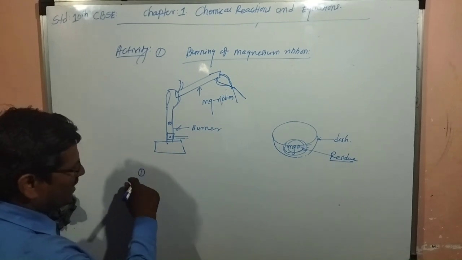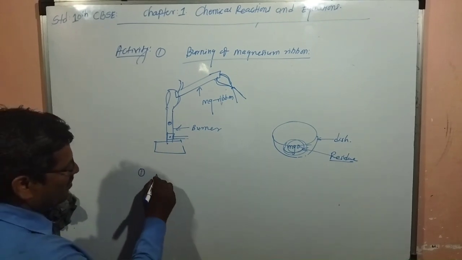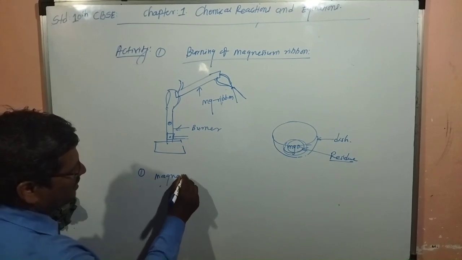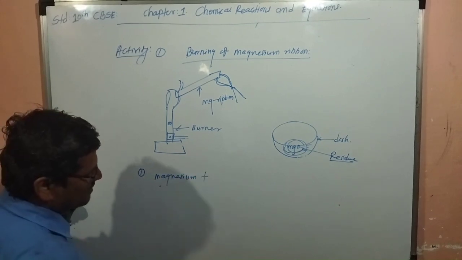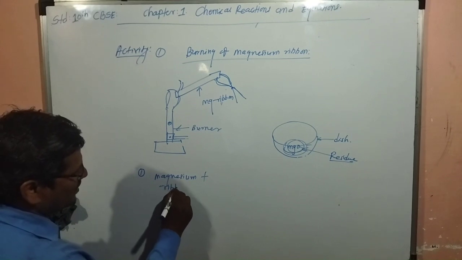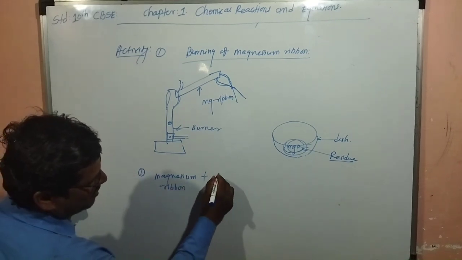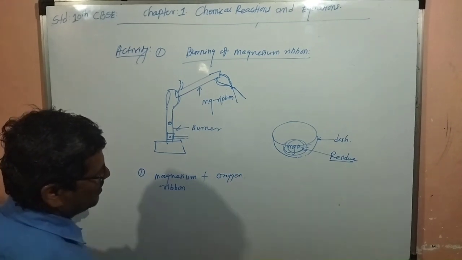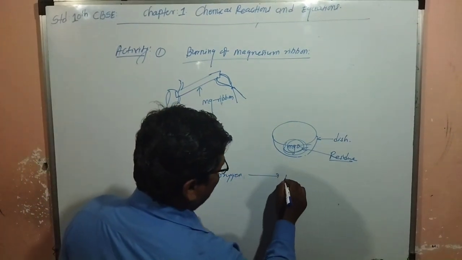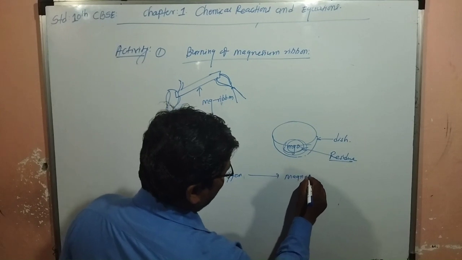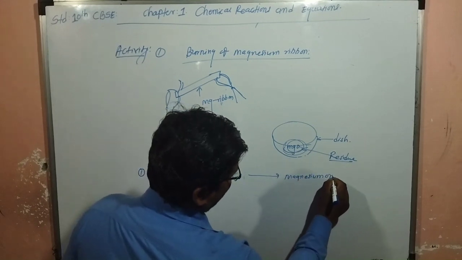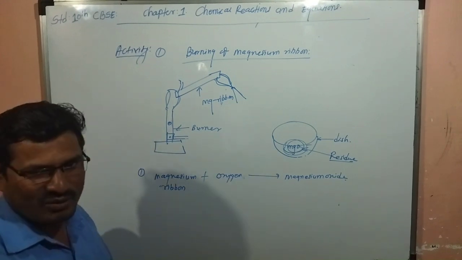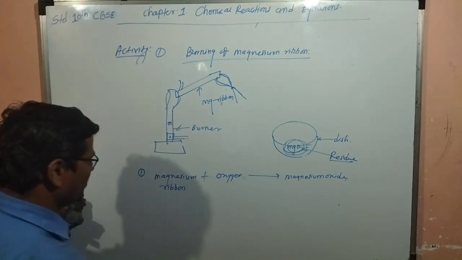First thing is the explanation of this reaction. Magnesium ribbon plus oxygen gas is forming magnesium oxide. So this is the word equation, and now we are going to write its chemical equation.